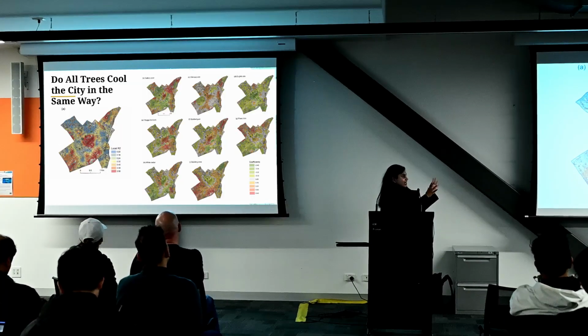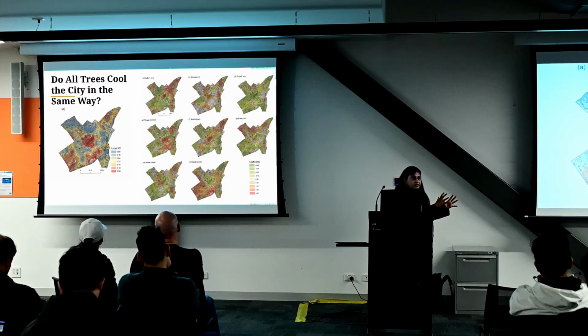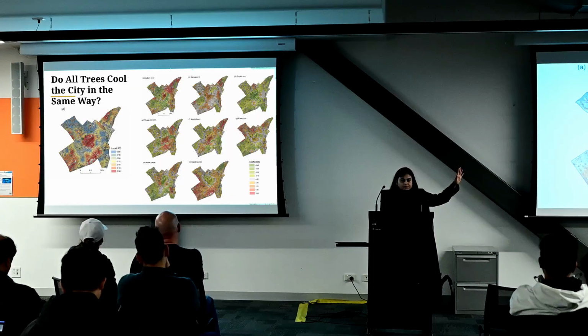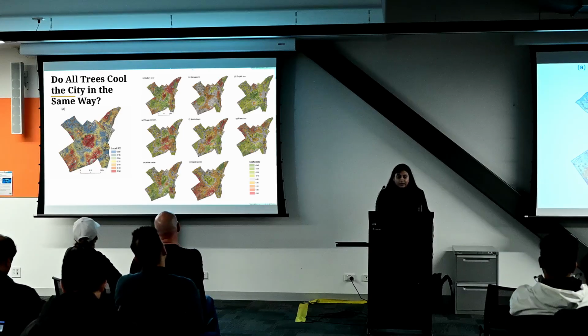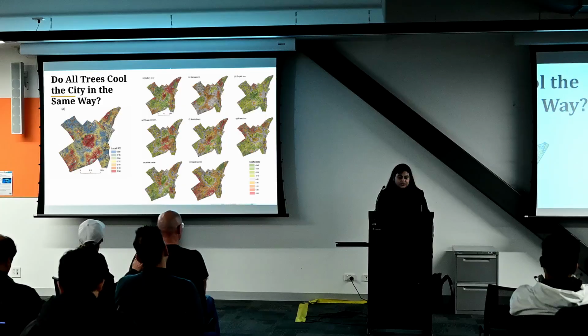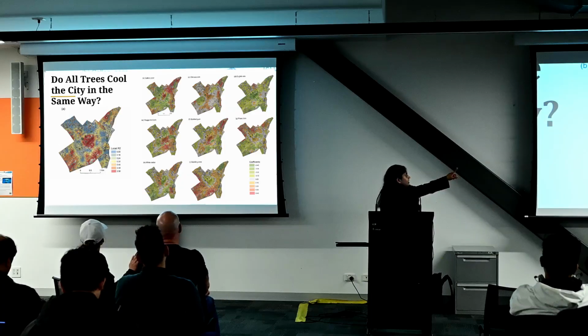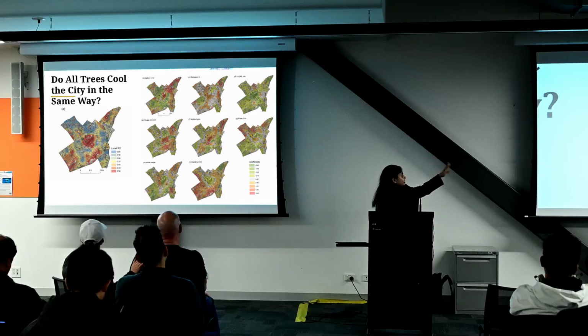We can see where the trees tried to explain the variation of land surface temperatures, mostly around the middle section and the top section, and that also depends on the distribution of species. If I zoom into one of the trees, you can see for celery pear, which is species 1, it worked well in the green areas.